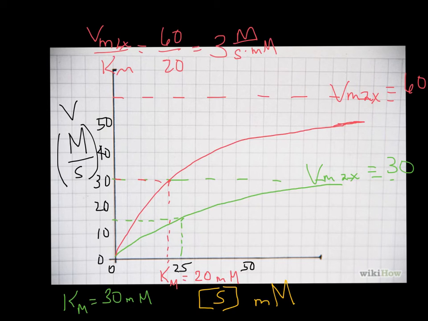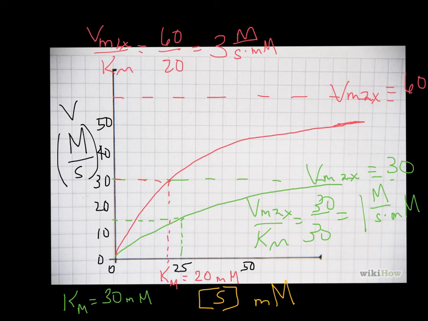Whereas this one, this color, the Vmax over Km is going to be equal to 30 divided by 30, or 1 molar per second per millimolar, if I keep the units.